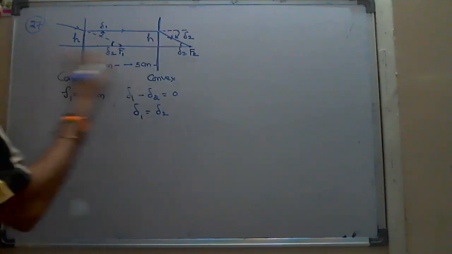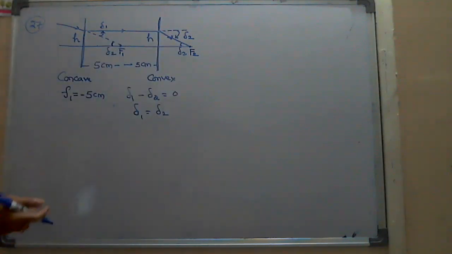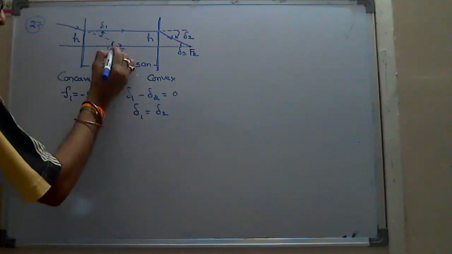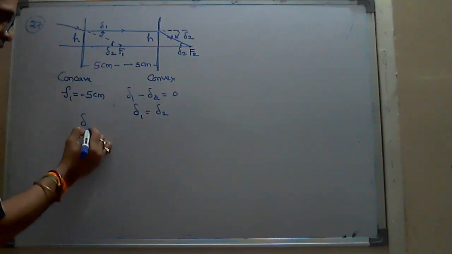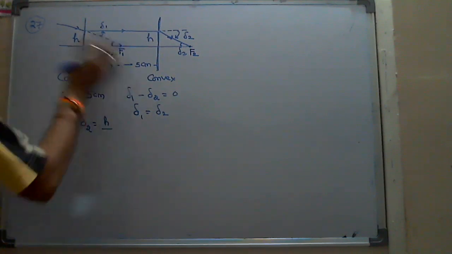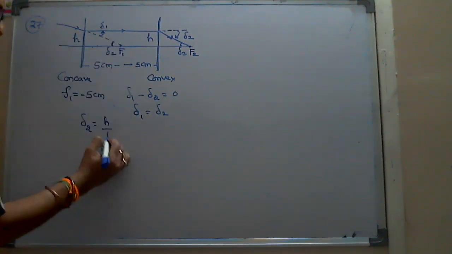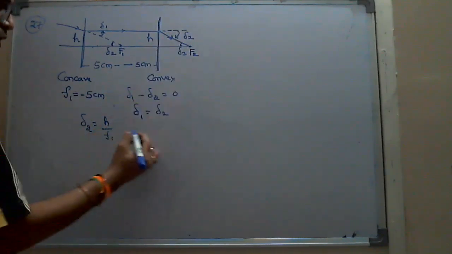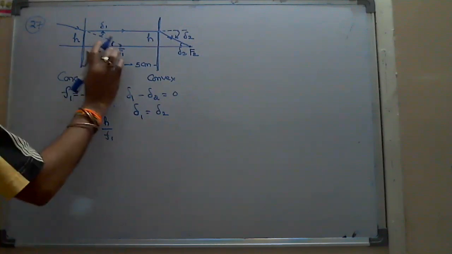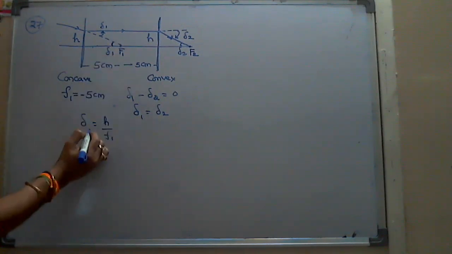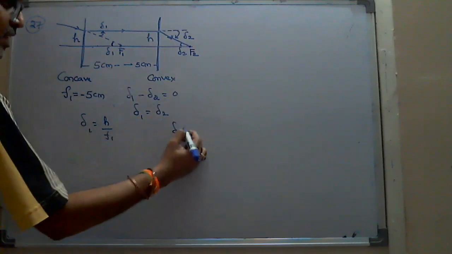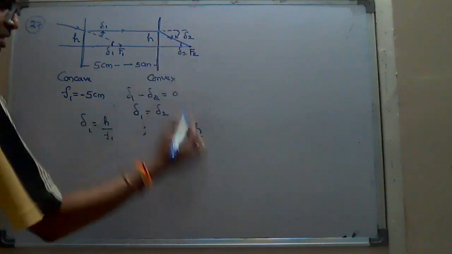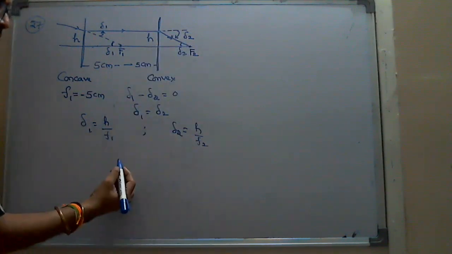Generally we solve all these numericals for paraxial rays. Paraxial rays means the angles are small. When angles are small, I can write tan delta 2, which is delta 2, equals h, the opposite side, by the adjacent side f1. And here delta 1 equals opposite side h by adjacent side f2.